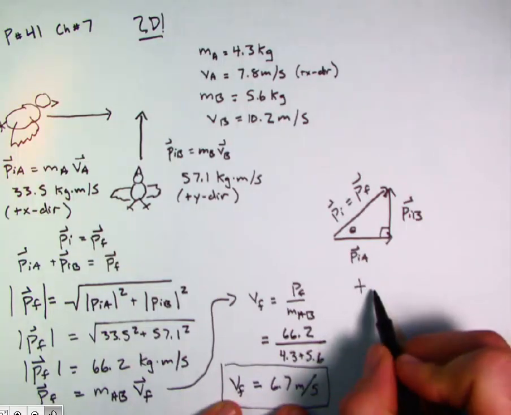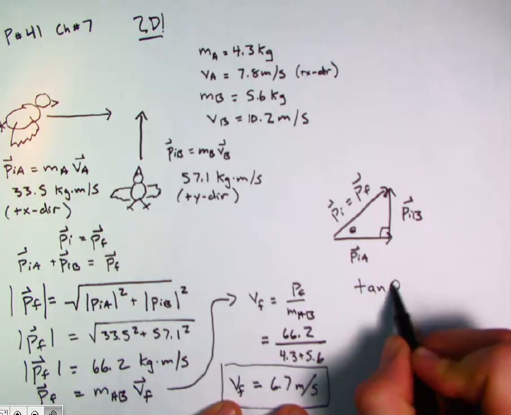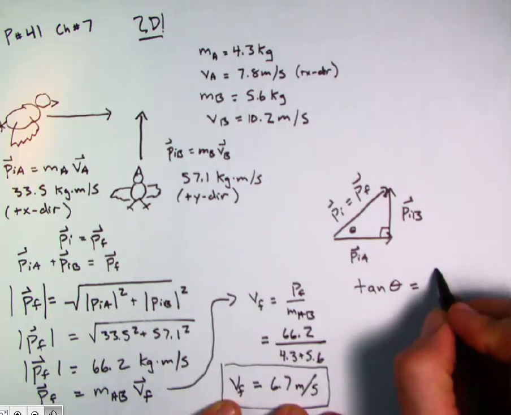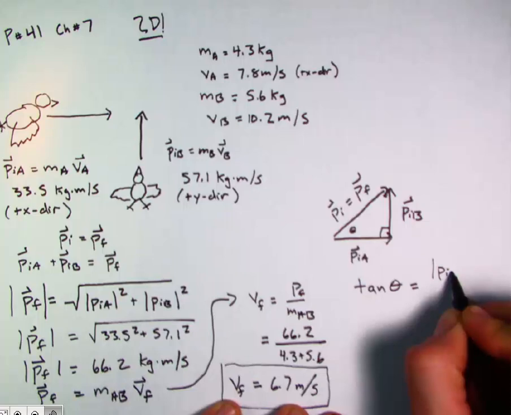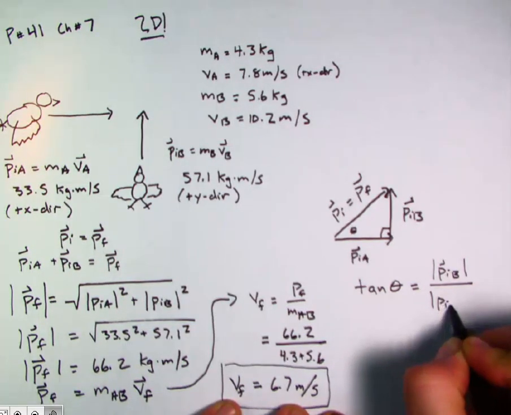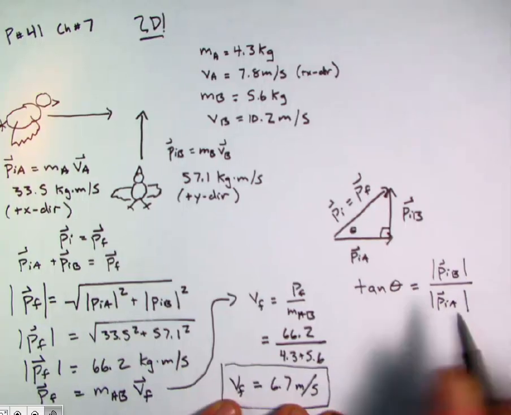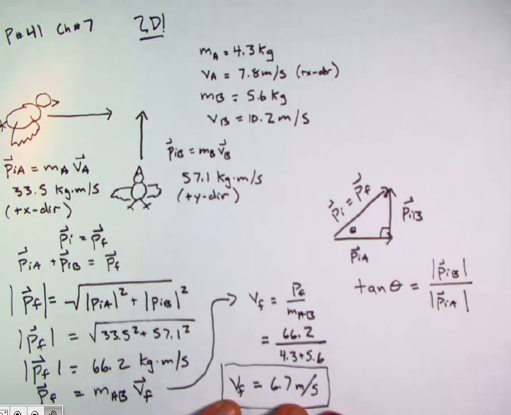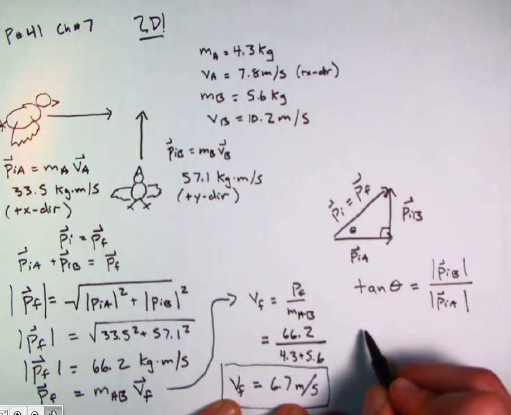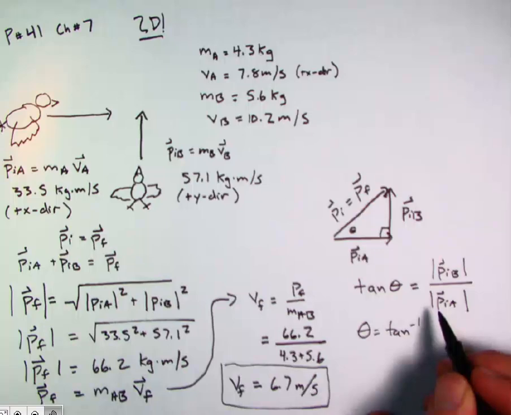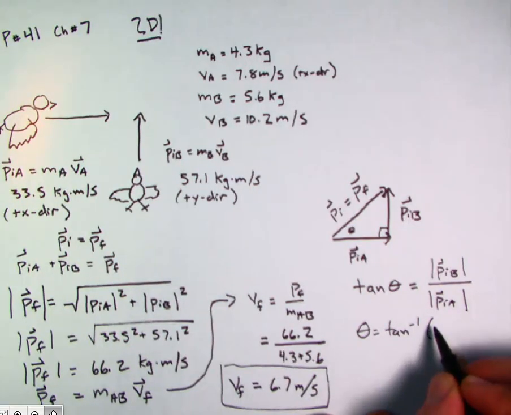We could say that the tangent of theta, if that theta is right there, would be equal to the magnitude of PIB divided by the magnitude of PIA, right? So TOA, tangent is opposite over adjacent. So we could say that theta is the inverse tangent of, what do we say, PB is 50.